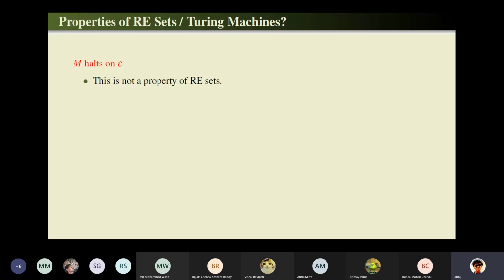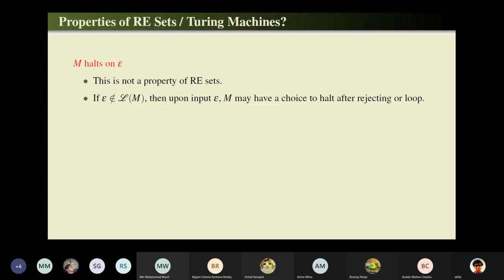So neither part of Rice's theorem can offer any clue on whether this property of Turing machines is decidable or semi-decidable or neither. If epsilon is not in the language of M, then upon input epsilon, M may have a choice to halt, that is explicitly reject, or implicitly reject by looping. It has nothing to do with the membership or non-membership of epsilon in the language. So Rice's theorem cannot be applied.